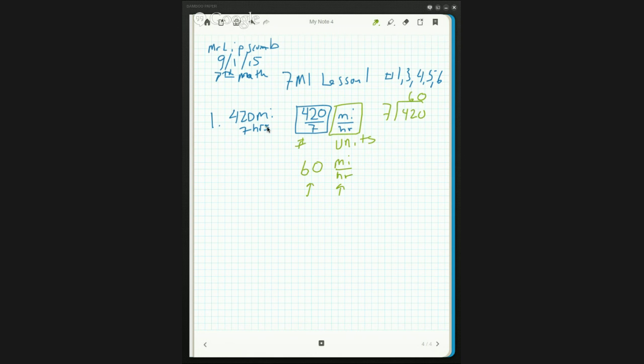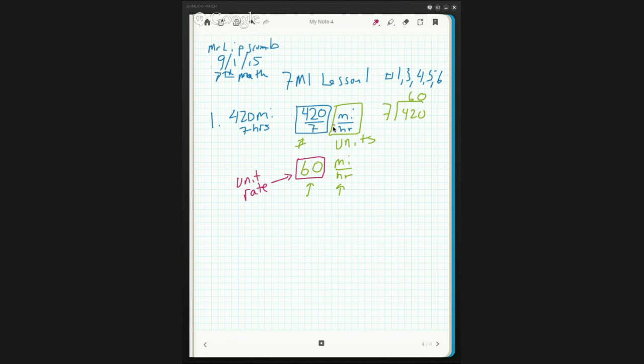Okay, now also, because I've done the division on this number, this can also be accurately described as the unit rate. The unit rate is simply the number part of a rate.